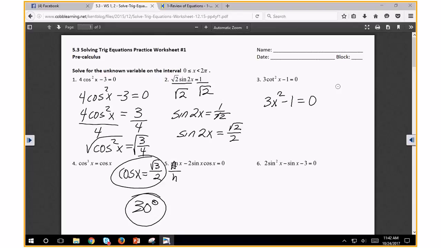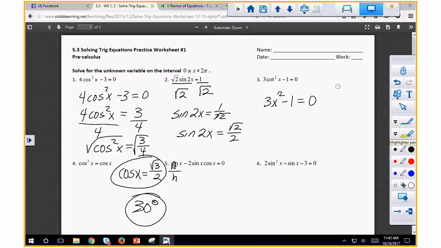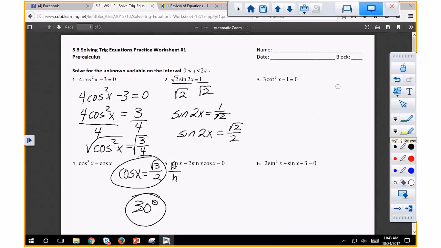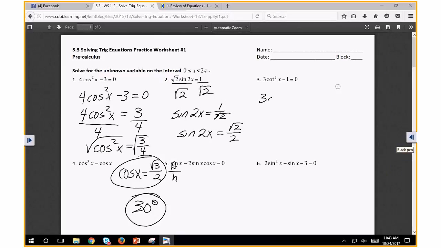All right, so let's take this one. And that's going to be 3 cotangent squared of x is equal to what? 1. Divide by 3. Cotangent squared of x is equal to 1/3. Take the square root.